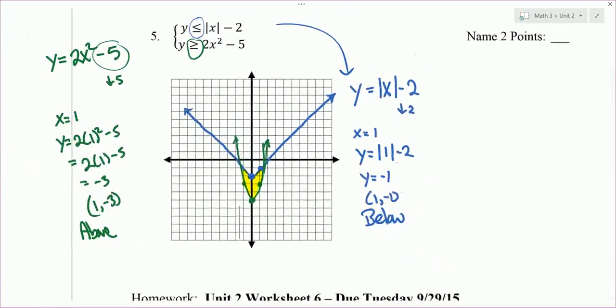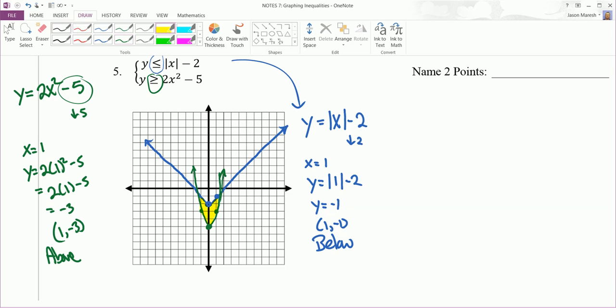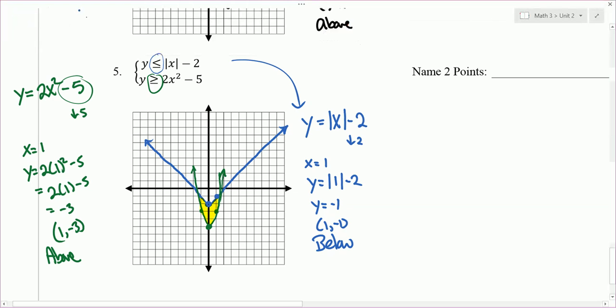So it's a smaller region. You got to be careful when we pick out what 2 points create our solution. So we can pick the point at right there at 0, negative 3. And then right below that at 0, negative 4.